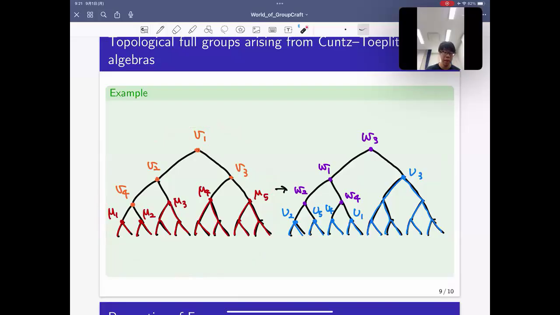Then the map sends this subtree to this subtree, and this subtree to this subtree like that, and v1 to w1 and v2 to w2 like that.